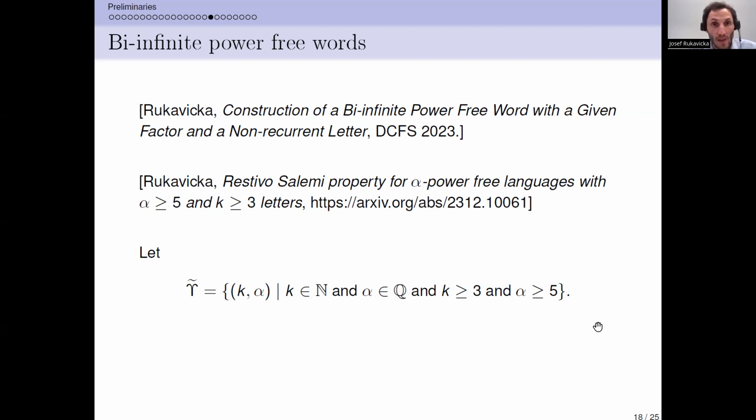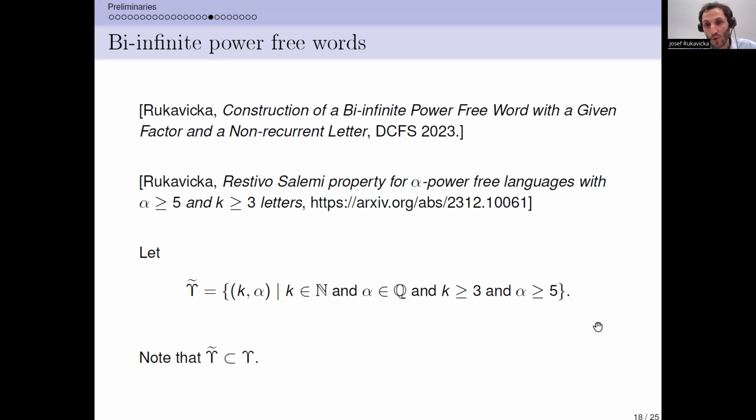In these two papers, I defined this set upsilon with tilde, which is the set of configurations for which I proved the conjecture. If you compare it with the previous set upsilon that I defined on the previous slides, this one is a strict subset.